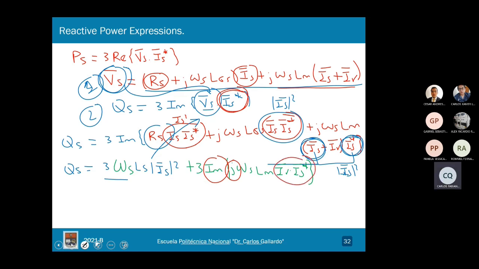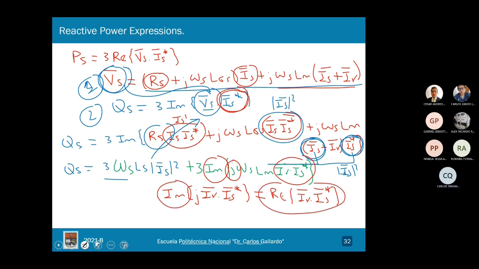Therefore, the identity is: the imaginary part of J times the rotor current phasor times the conjugate of the stator current is equal to the real part of the rotor current times the conjugate of the stator current.